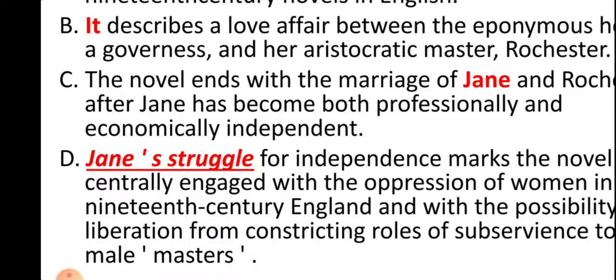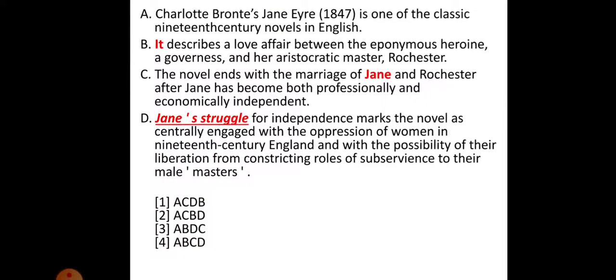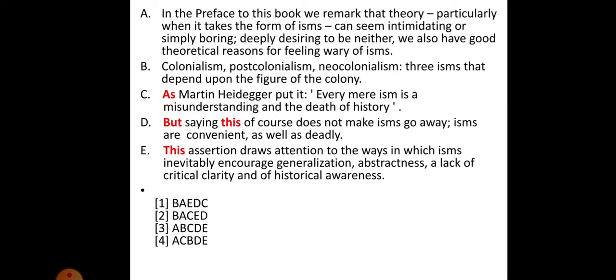So here the name Jane is introduced in C, and again it is reused in option D. That means C and D form a pair. So the correct answer is A, B, C, D. Okay, done. Clear? Fine.